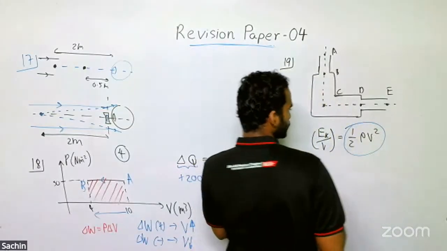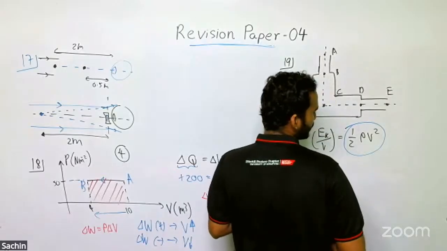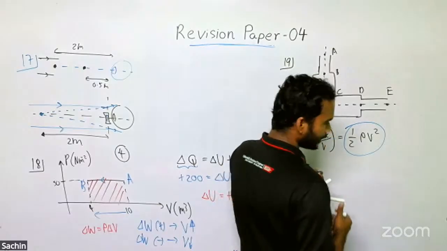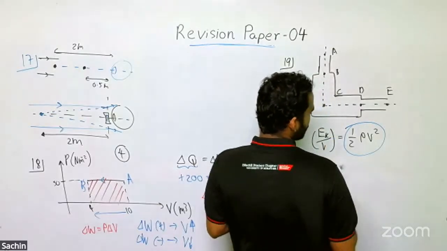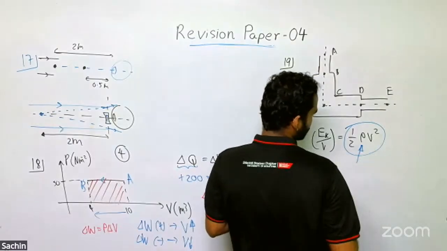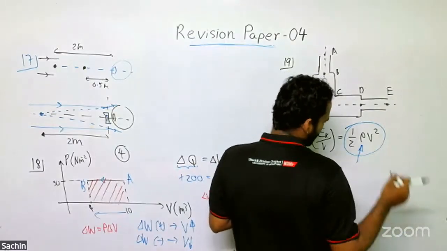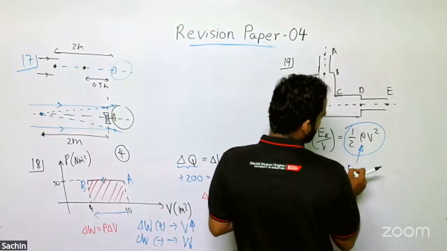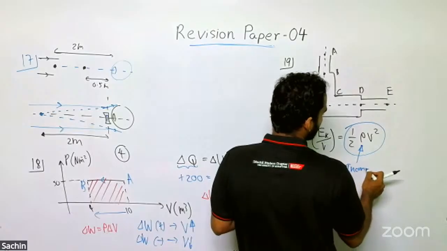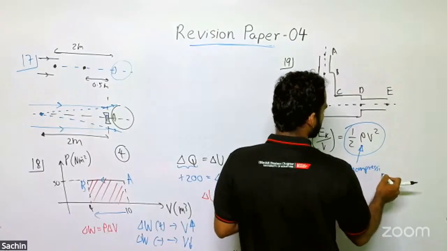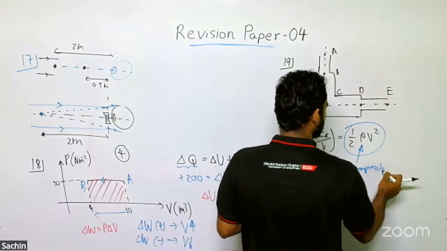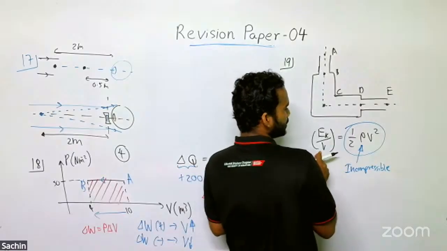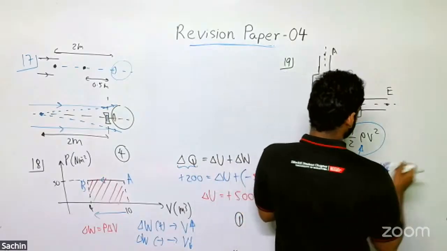Okay, so if we want to compare the kinetic energy per unit volume, what factors affect it? It is affected by the density of the water, and within the A-level syllabus we consider only incompressible cases. That is, density never changes, so we don't need to worry about density. So if the kinetic energy per unit volume changes, that is because of the velocity.